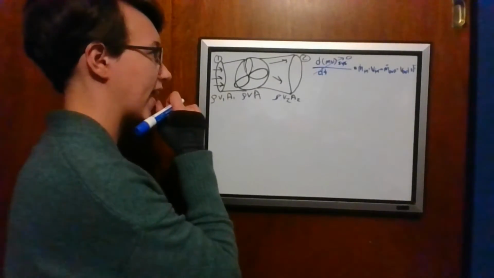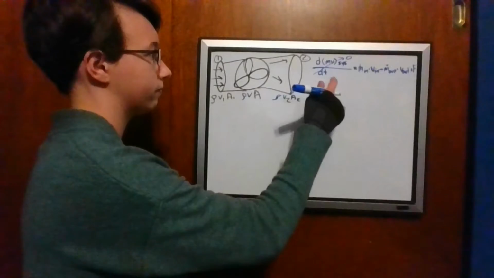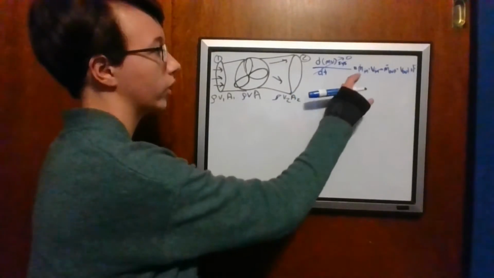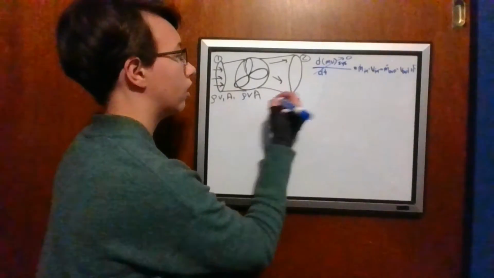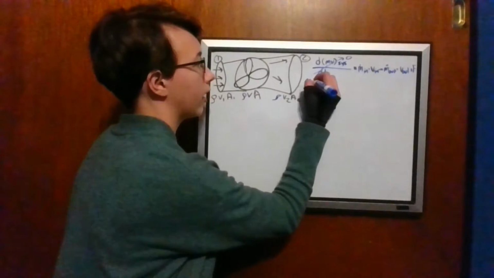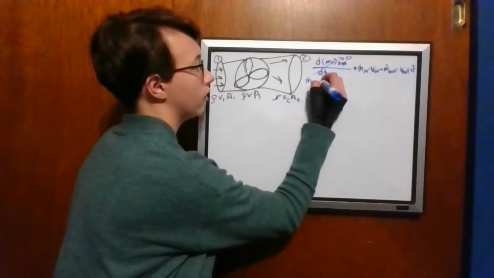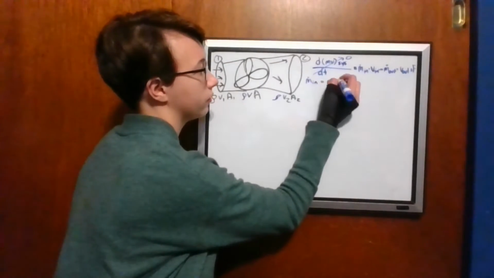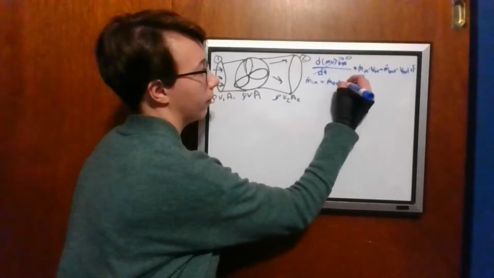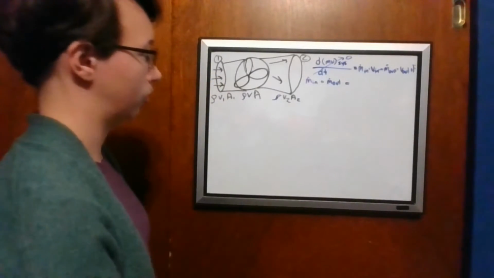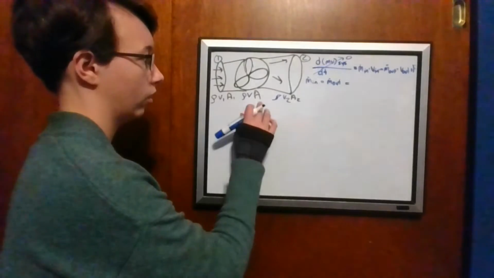Because of that, we know that our mass flow rate in is equal to our mass flow rate out, and that is going to be equal to rho VA.